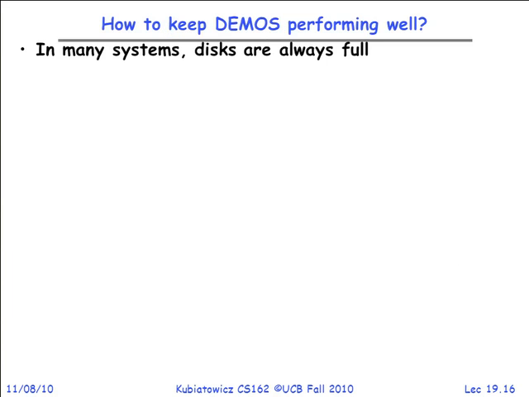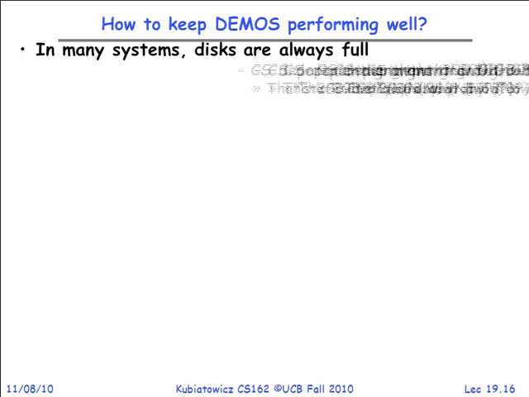But what full really means is the disks are as full as the file system is going to let you go. Most file systems have a limit of how full they allow the user to get, maybe 10% below the maximum. And that 10% number is a pretty good number for making sure that there are large enough chunks to get good performance on a wide range of different types of files.